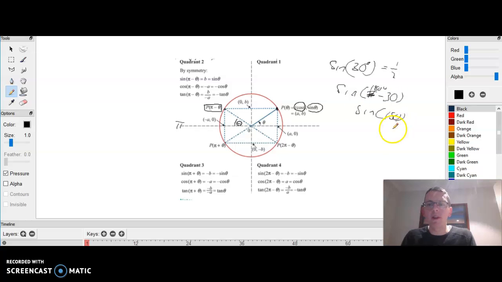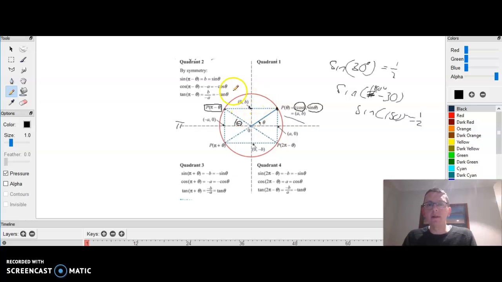Let's think about what that value would be. Sine is a measurement of y, because it's opposite over hypotenuse. We're measuring how far up we've gone. If you go around 180 but then come back the same height, sine is a measurement of the y-axis. Wouldn't that actually still be 0.5? So that would still equal a half.